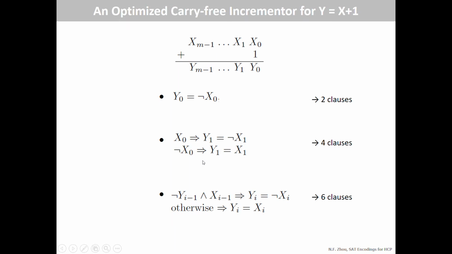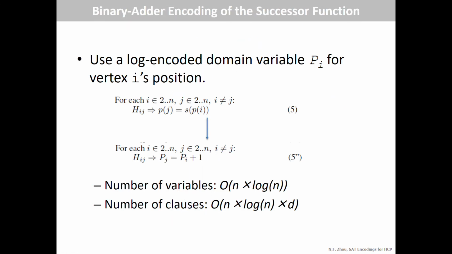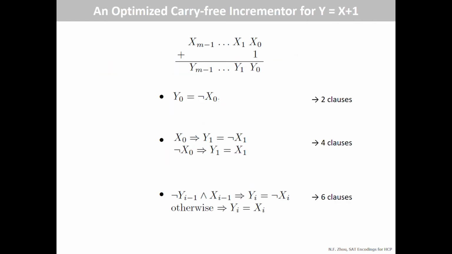This add-1 constraint is a crucial constraint in this encoding, so it is very important to find an efficient encoding for this incrementation. Given a binary string, we add 1 to it to generate the next position.